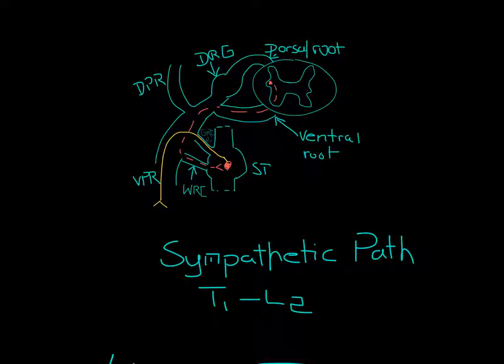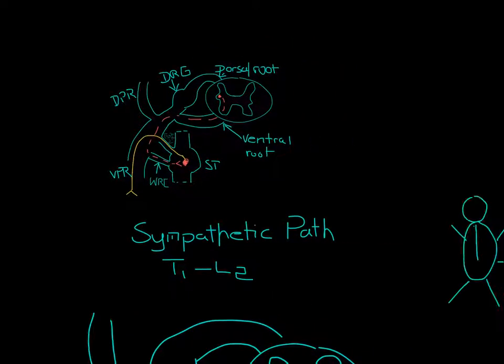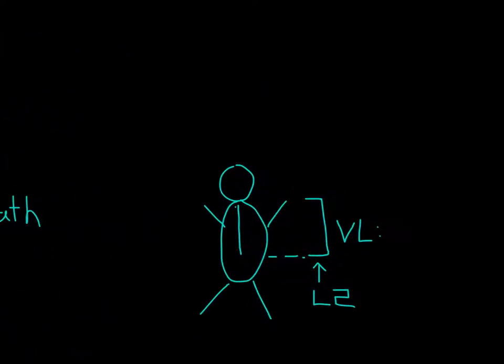Now I say that because the spinal cord levels and the vertebral levels are actually different, right? The spinal cord actually ends right here, but that's not where the vertebral level ends. We know that the vertebral level and the spinal level have four parts: cervical, thoracic, lumbar, and sacral regions. Well, the sacral part of the spinal cord level actually ends at the vertebral level of L2.